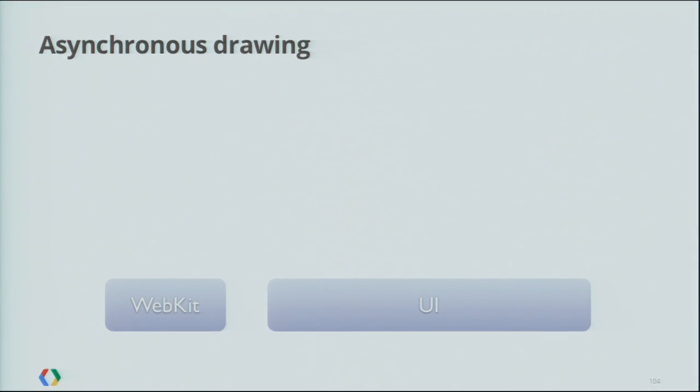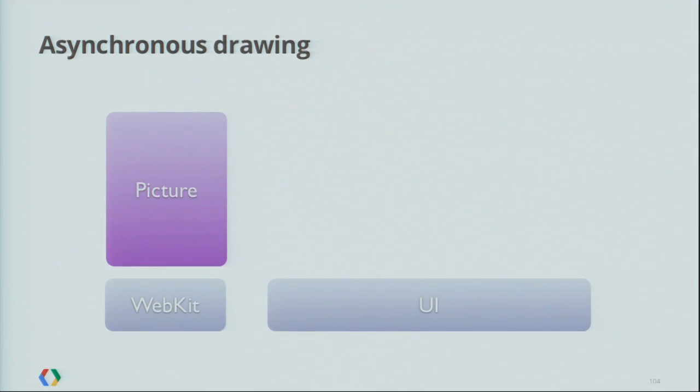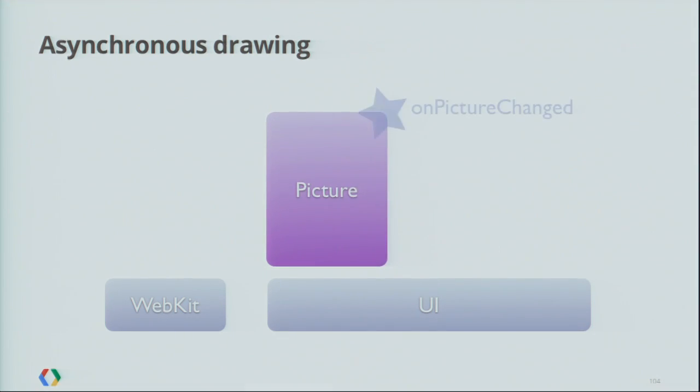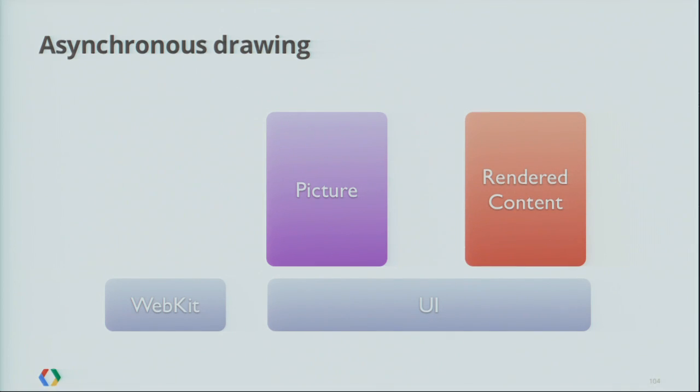So we had this onPicture listener callback, which is not deprecated, and when you received it, you knew that was the new content. But now, of course, things are different. We send the picture to the UI side, you get that onPictureChange, but between the time you receive that and the final rendered content, there is a delay.